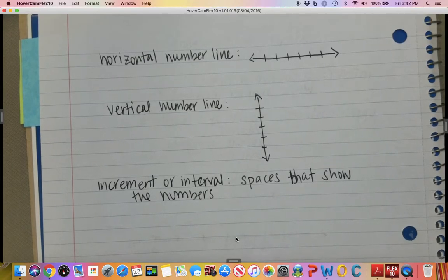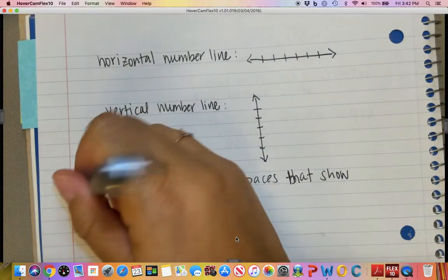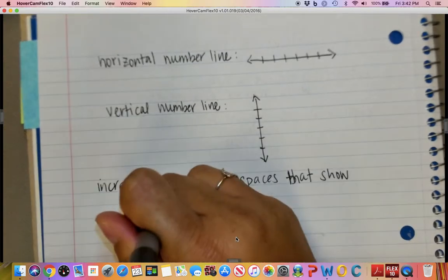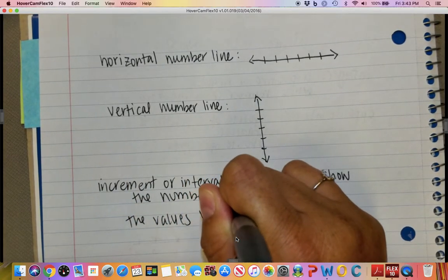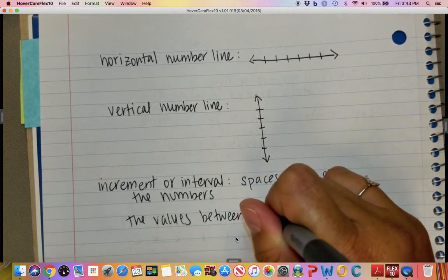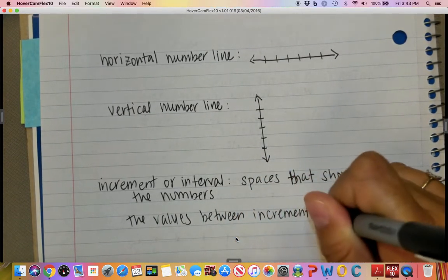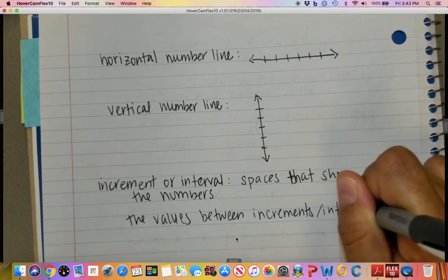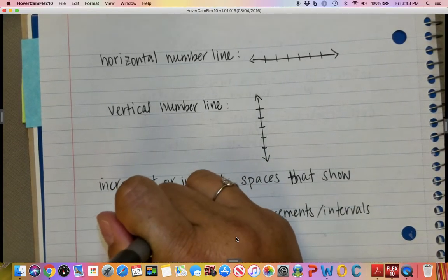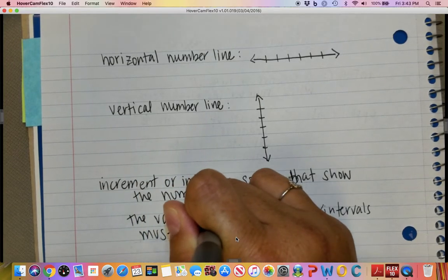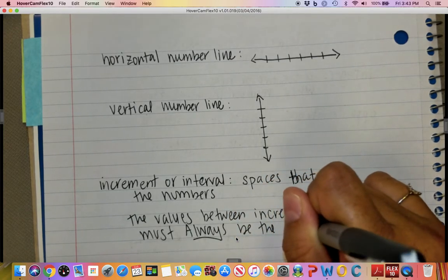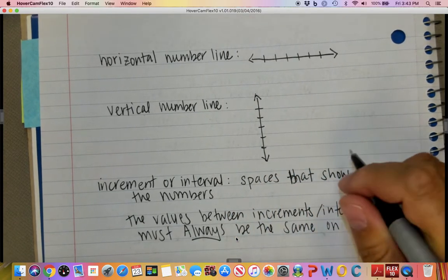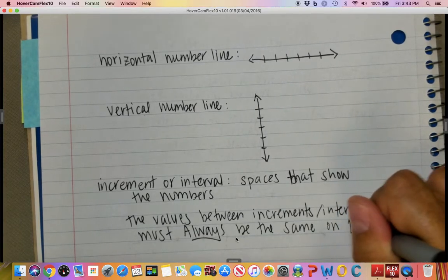And it's the most important because someone always gets it incorrect. So, the value between increments or intervals must always be the same on one number line.